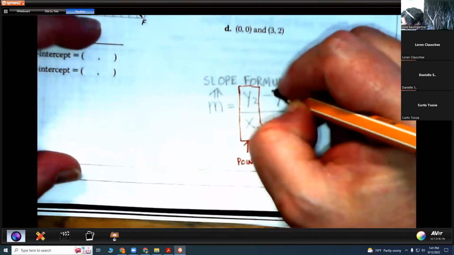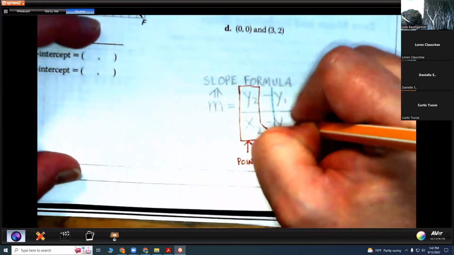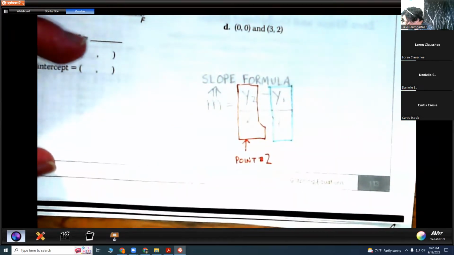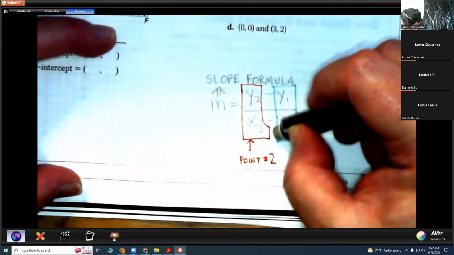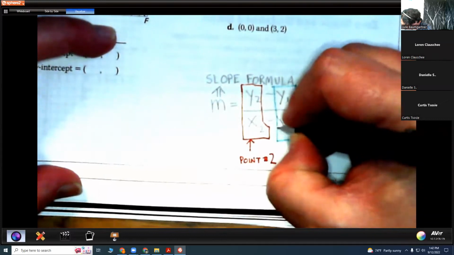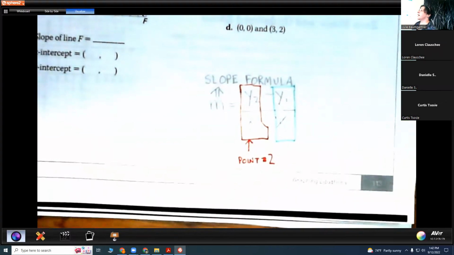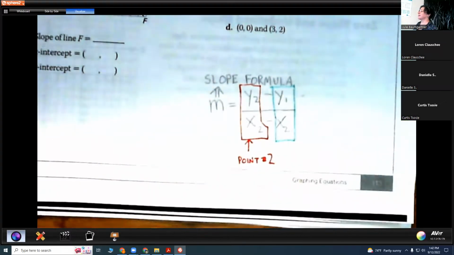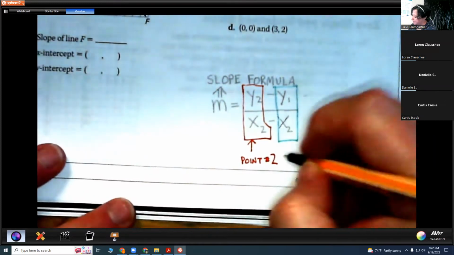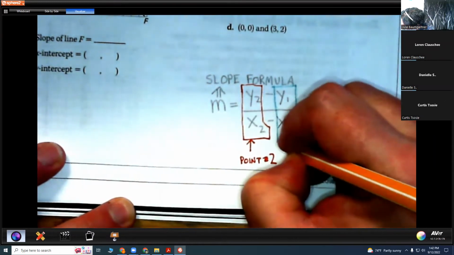Oh, that's what I did wrong, this is the x down here, sorry guys. All right, there we go. Let me get my shadowy hands out of the way. Okay, and so we're going to call that point 1.